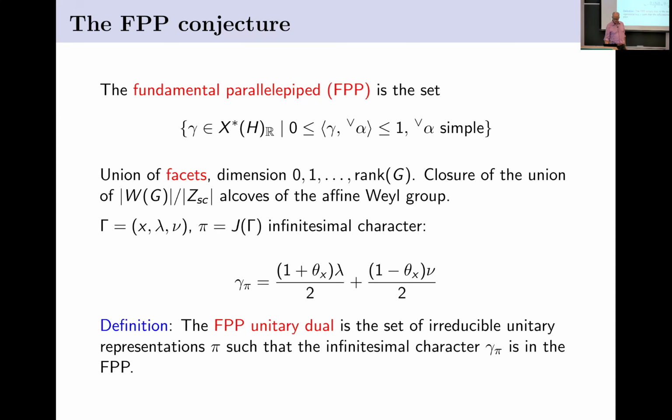By definition, the FPP unitary dual is the set of irreducible unitary representations where the infinitesimal character is in the FPP. So in the case of G2, in the case of spherical, it's a very familiar picture. We're basically generalizing these pictures for spherical representations, which are well known for both real and p-adic groups. If you're on the split Cartan, that's the picture.